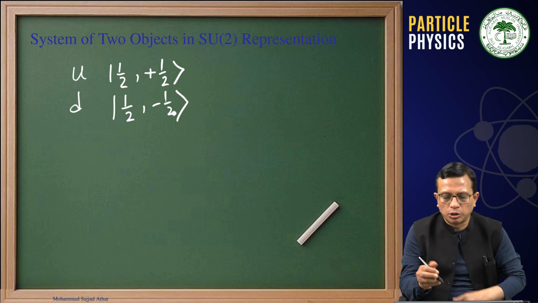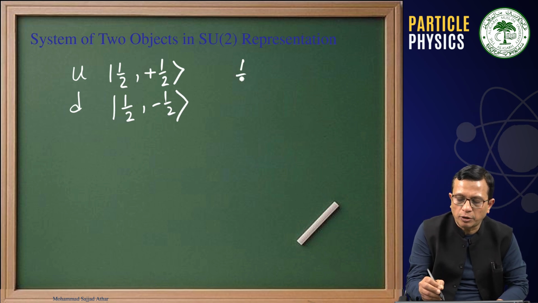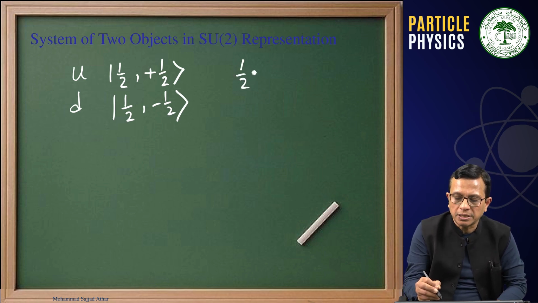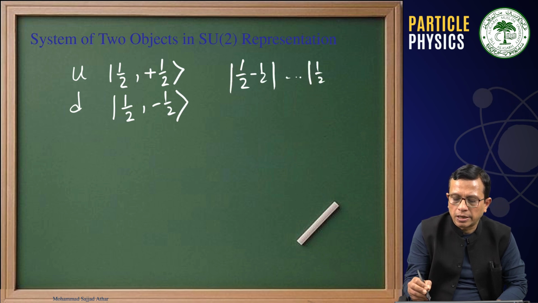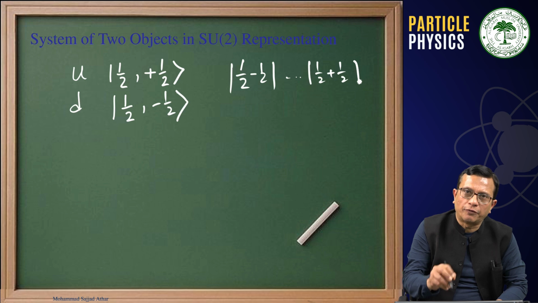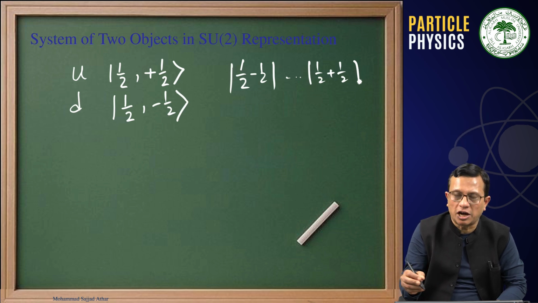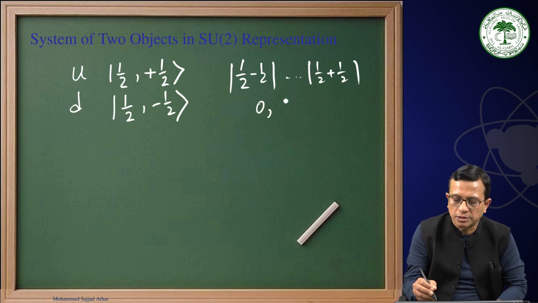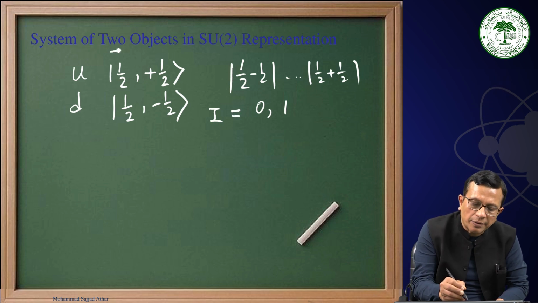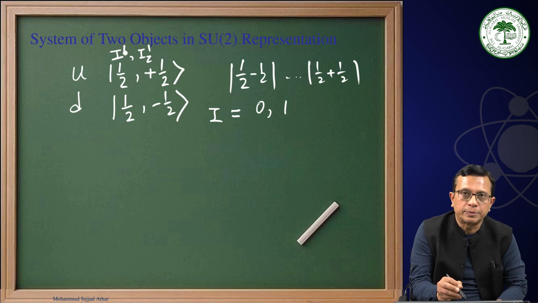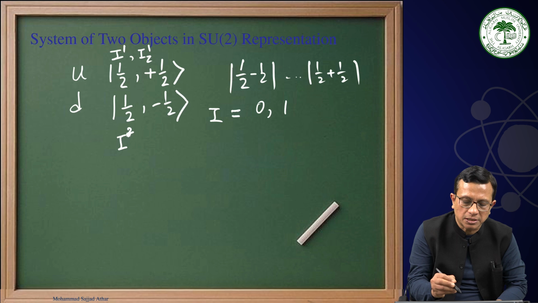Then what I had told you is that if you have two spin-half objects, the combination that you can make is that you can go from half minus half to half plus half, and that is 0 and 1. That will be the total isotopic spin. We may write this as I1 and Iz1 for object 1, where this is the third component or the Z component, and this is I2 and Iz2.